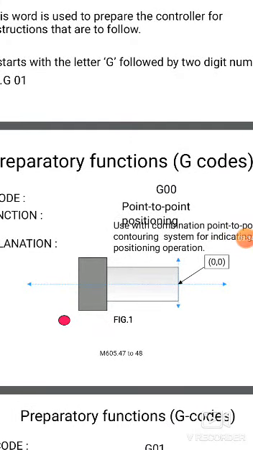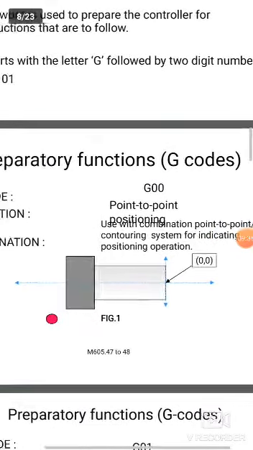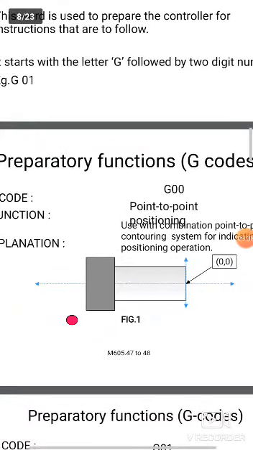G00 means rapid traverse. The tool moves rapidly to the starting position of the job, from zero to the workpiece it comes very rapidly. That is the point to point position. Very rapidly it comes and stops.